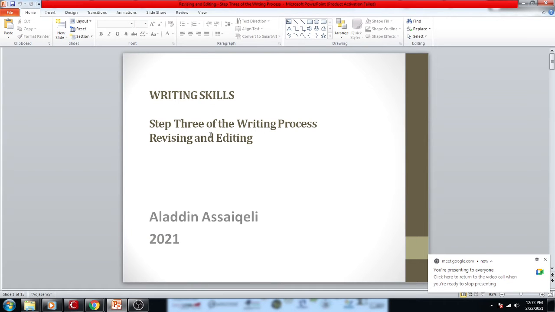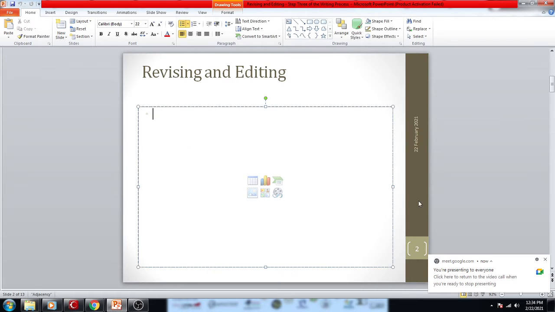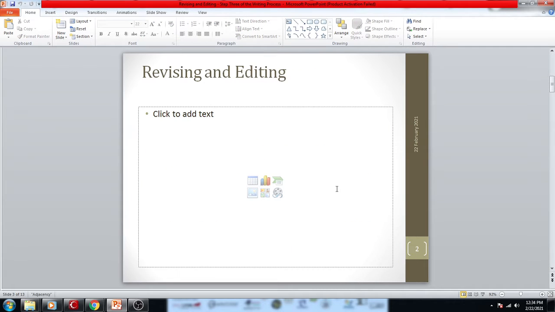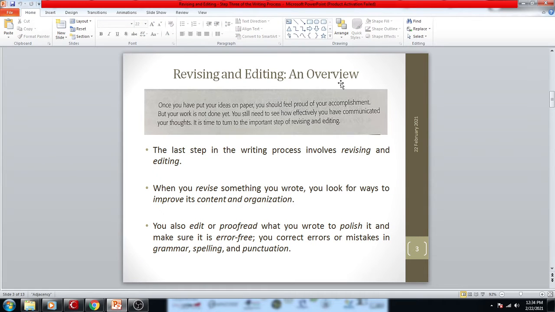Writing skills is step 3 of the writing process, revising and editing. An overview. Once you have put your ideas on paper, step 2, writing, drafting, you should feel proud of your accomplishment.